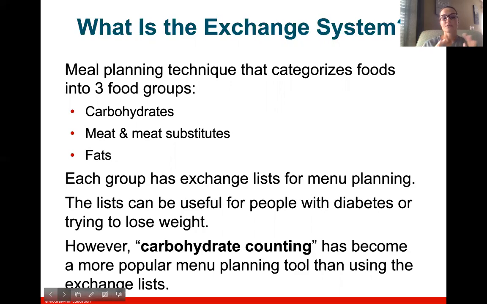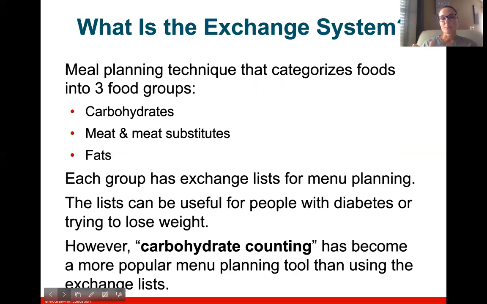And then you have your meats and meat substitutes, with high fat, medium fat, and low fat meats, and then you have your fats. It gives you a plan, like how many servings of carbs do you need? If you need 5 servings per meal, you can divide that up between your fruits and your grains and your dairy and make that a meal plan.